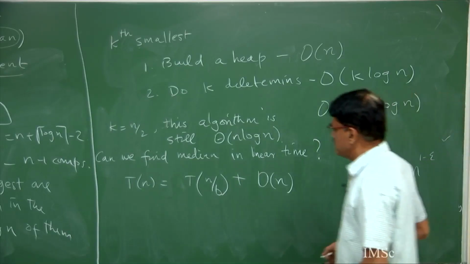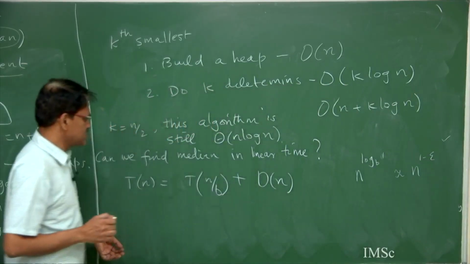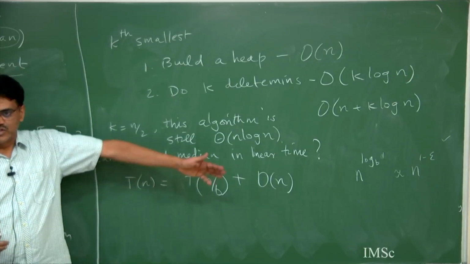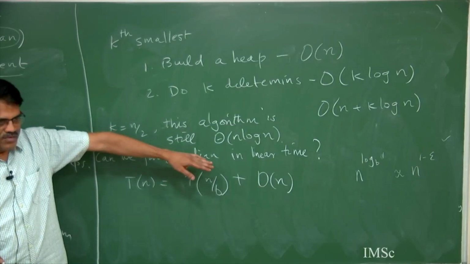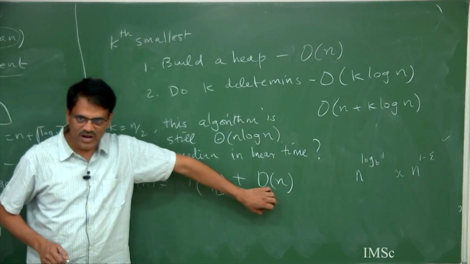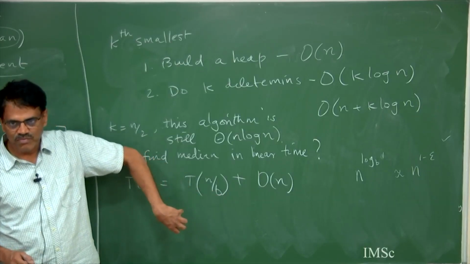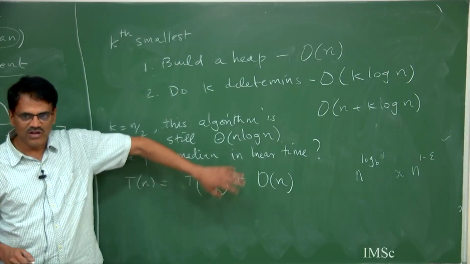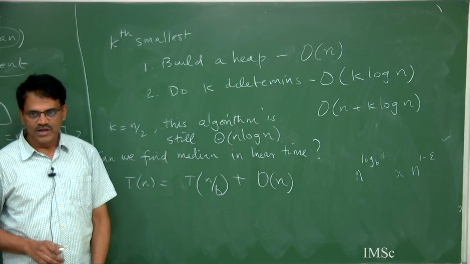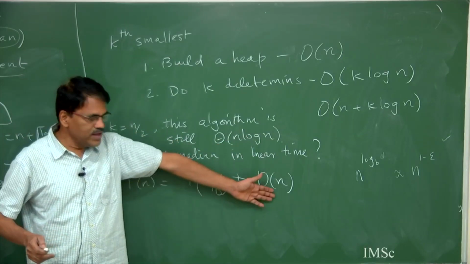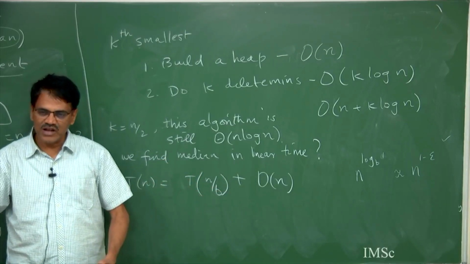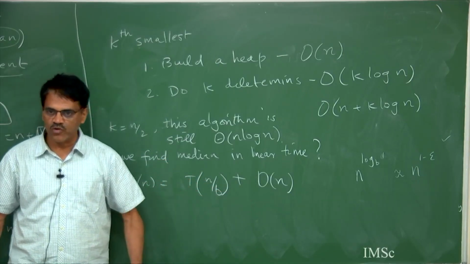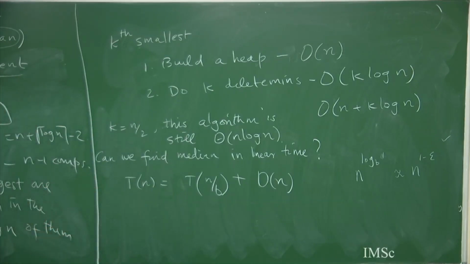If I have a recurrence relation like this, then it solves to linear from the master theorem, but you can also see this: it will be like a geometric series, order n plus order n by b plus order n by b squared and so on. So, what do I need? In linear time, I want to be able to throw away a fraction of elements, however little. If I manage to do that, I have a linear time algorithm.